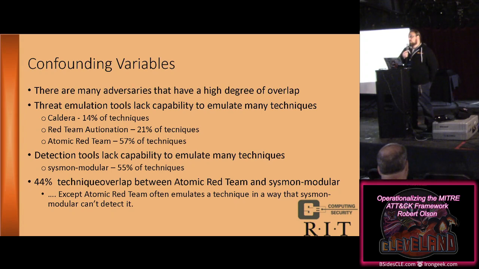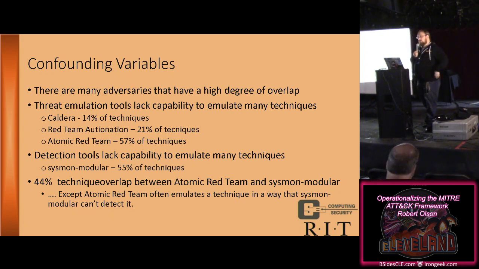Sysmon Modular, which at the time was the only MITRE attack framework technique log tagging tool that we found, could only successfully tag 55% of techniques in Windows logs. Which is not really that high of a number.